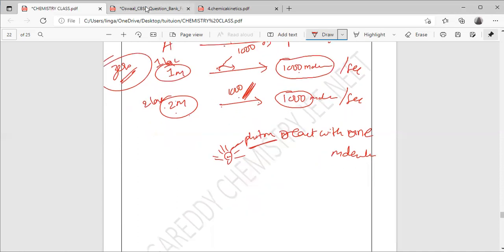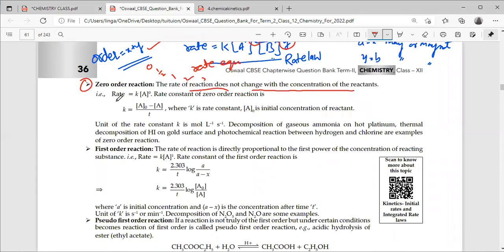Now you can see rate is directly proportional to a to the power of 0, rate equals k a to the power of 0. The rate constant of a zero order reaction: here simple derivations are there.